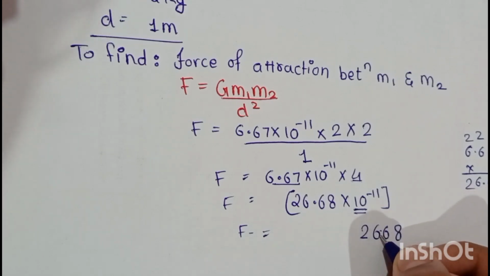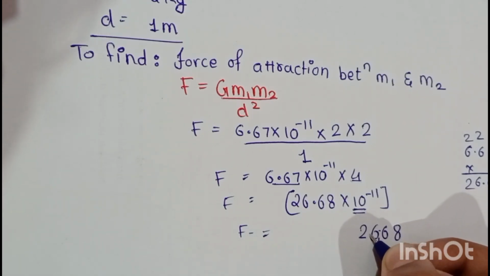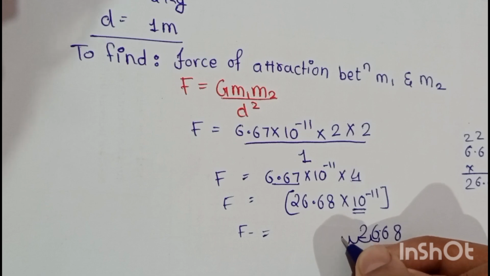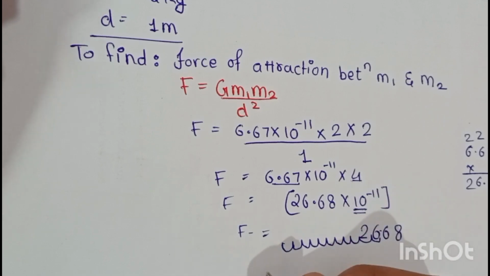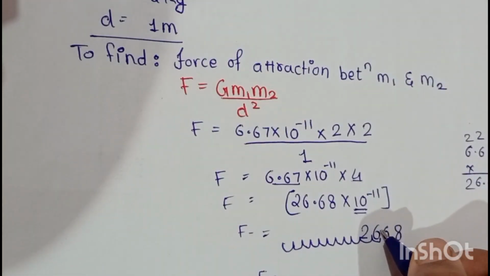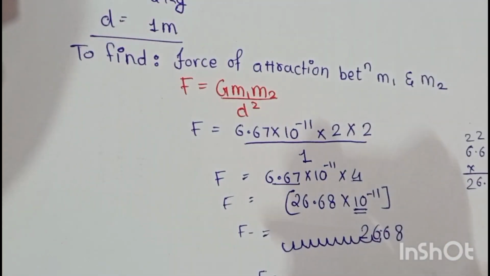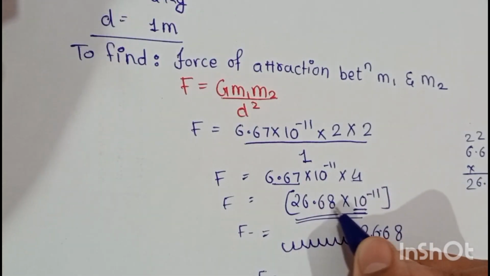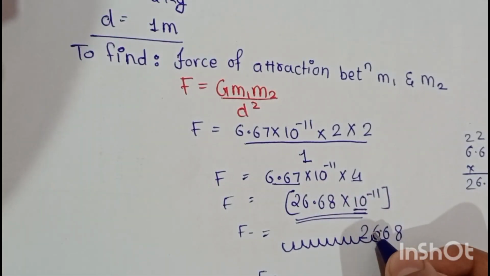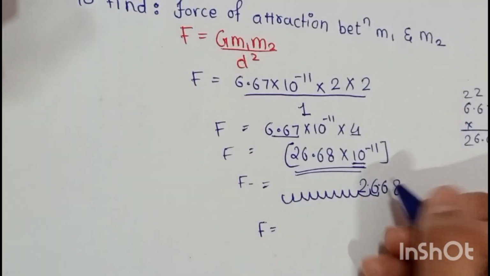The point is here, so counting from here 11 places, that is 1 2 3 4 5 6 7 8 9 10 11. Oh wait a minute, we will get 26.68. We want the decimal point after the first digit, because mostly we place the point after one digit.